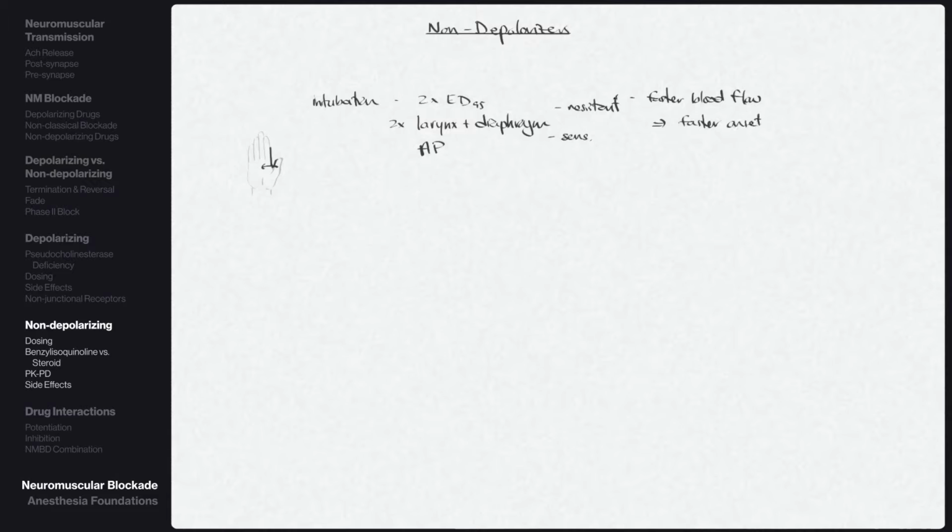And then because they're more resistant, when we're looking at emergence or extubation and we're looking for how long this neuromuscular blocker lasts at each site, the more sensitive one will last longer. And so we end up finding that at emergence, our diaphragm and larynx actually return back to normal function first. And so it's also faster off.